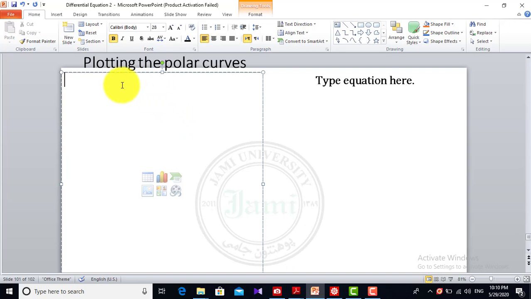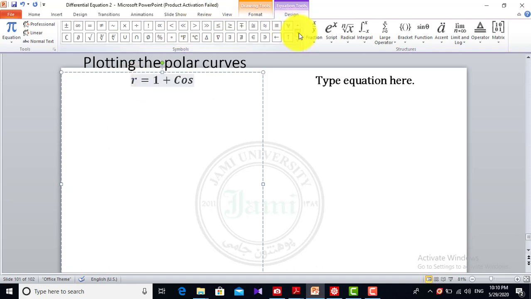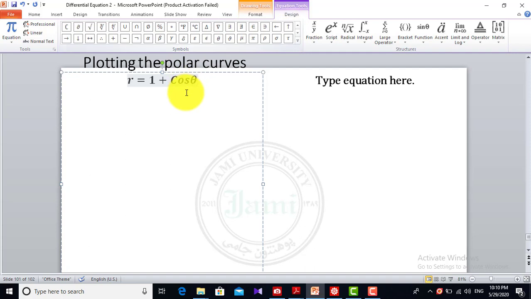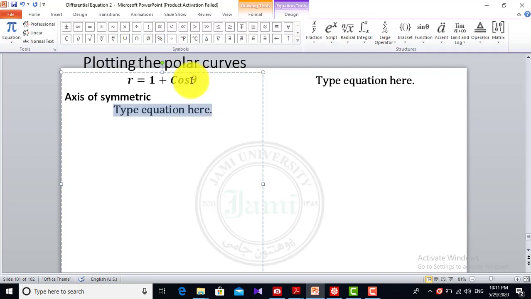So first I consider an equation r equals 1 plus cos theta or t. No problem, you can consider theta or t. So first I need to check the axis of symmetry. For checking the axis of symmetry, first I will replace theta with minus theta.